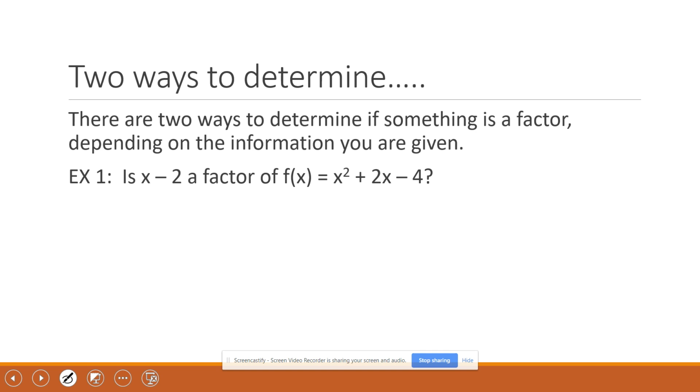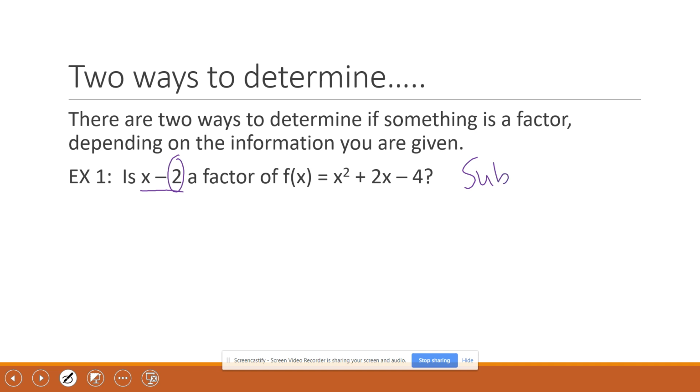So, the first way to determine if something is a factor is to plug it in. So we are going to take our 2. Remember, when I'm looking at x minus 2, x's are liars, so we would use positive 2.